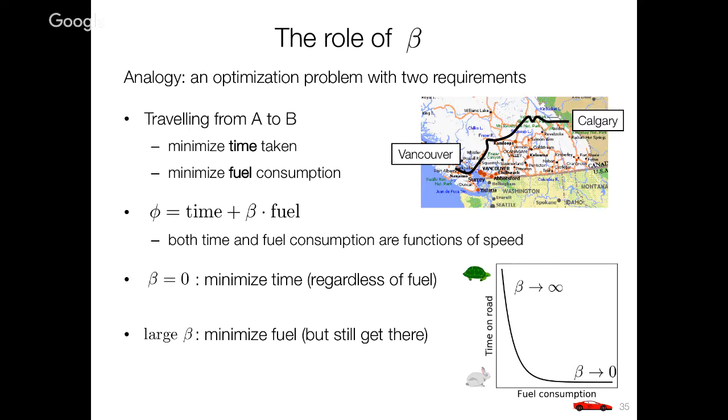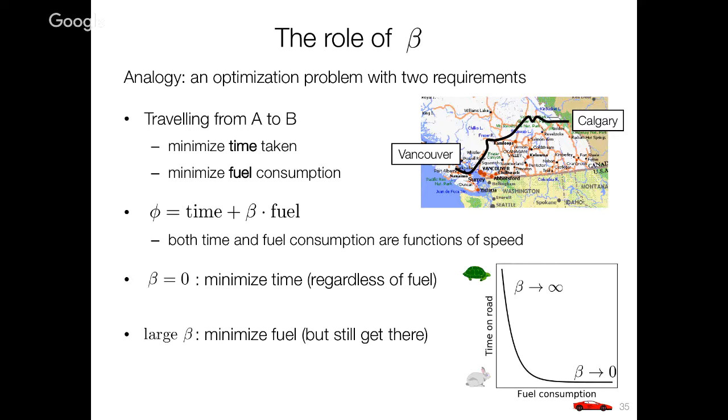We don't care at all about the fuel. We just go as fast as we possibly can. On this axis here, we've got time on the road, and on this axis, we've got fuel consumption. So when beta is equal to 0, we're out here. We've got big fuel consumption, and our time on the road is minimal.